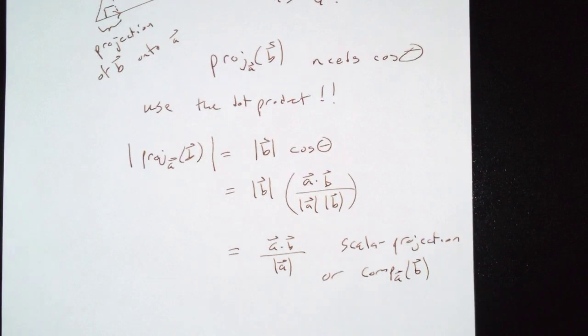I hate using that symbol. I much prefer length of projection, but that's the same idea. Okay. I'm 99% of the way there. I know how long my vector needs to be.